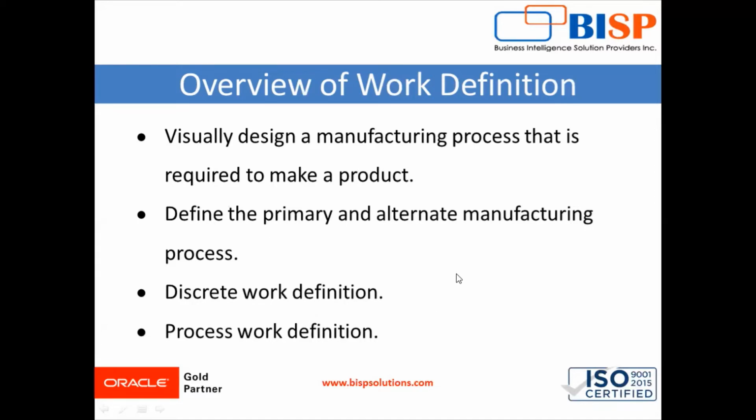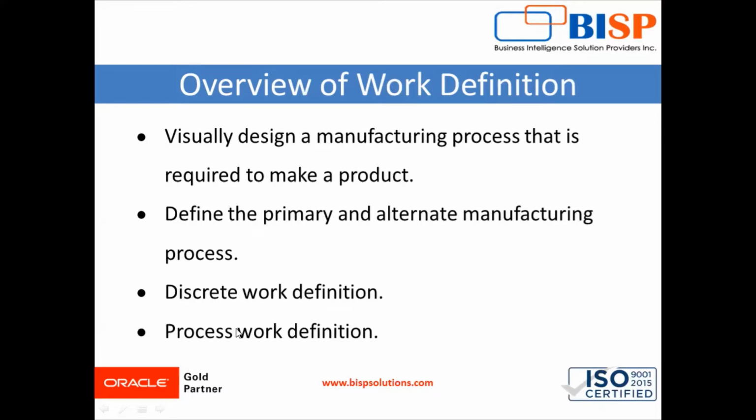In other words, in a discrete work definition we assemble the raw material and produce a single finished good. It corresponds to a single buildable level of the item structure. If a product consists of several sub-assemblies that are also manufactured, then you have to define a work definition for the product and a work definition for their respective sub-assemblies.